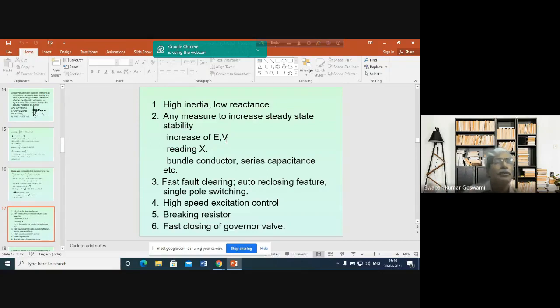And if the value of delta is smaller, as I have already mentioned, you will have greater flexibility. You will have more time through which delta will swing.